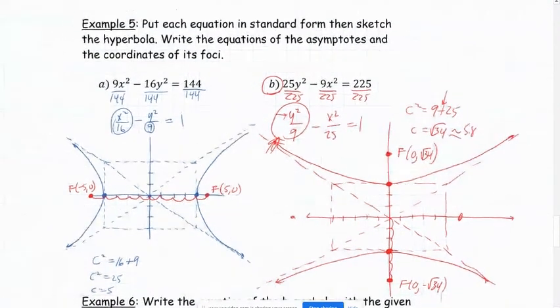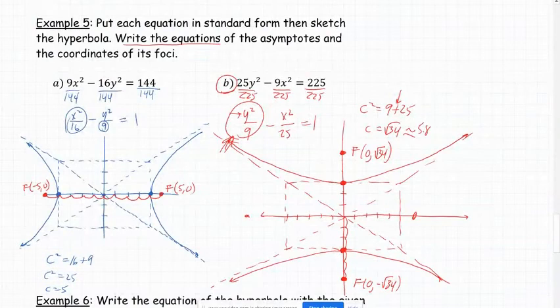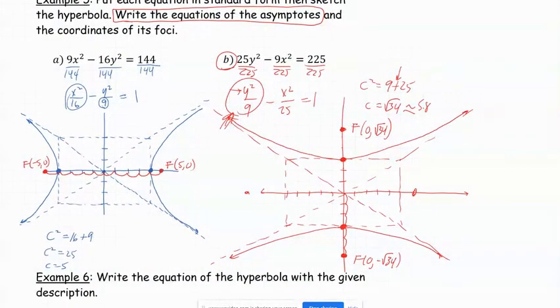One thing that we didn't do for both examples, it does say to write the equations of the asymptotes. So we skipped that for question 1. We can get the equations of the asymptotes just by looking at the slopes of these dotted lines. So in order to go through this corner of the box, we had to rise 3, run 4. Rise 3, run 4, so that means the slope is 3/4.